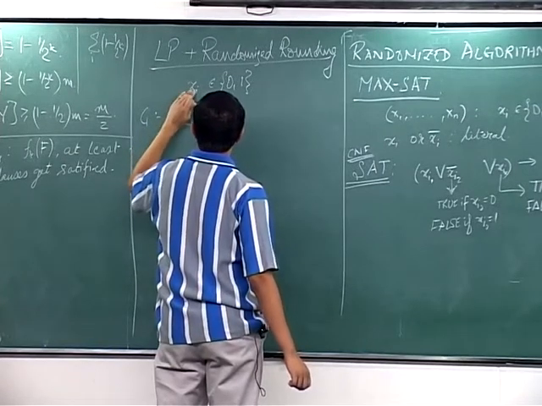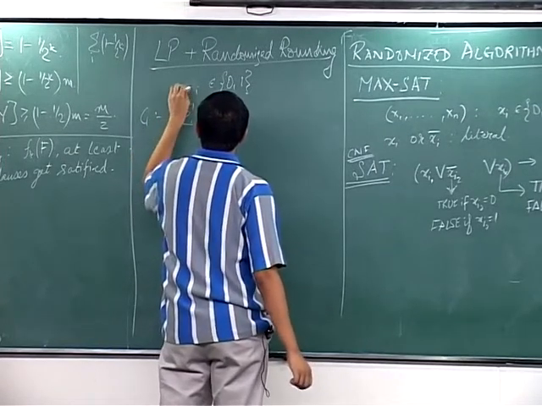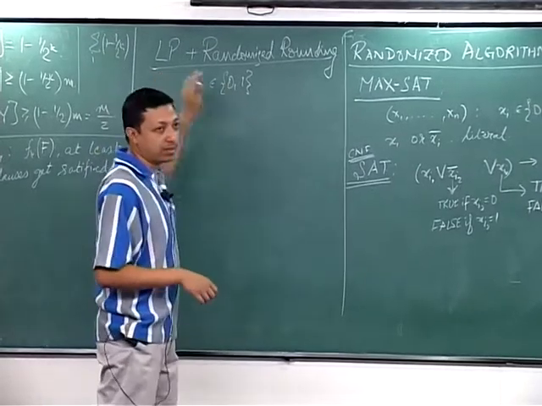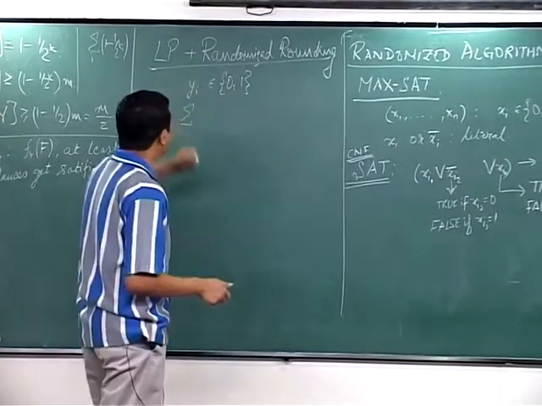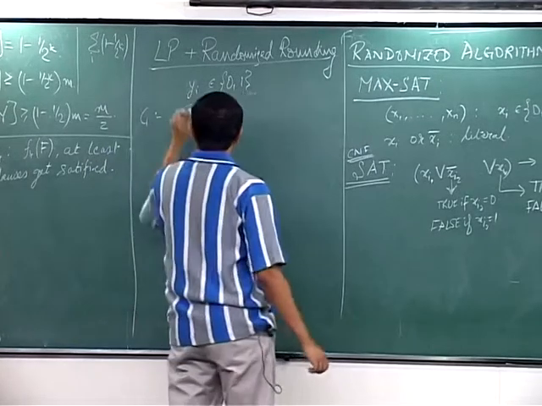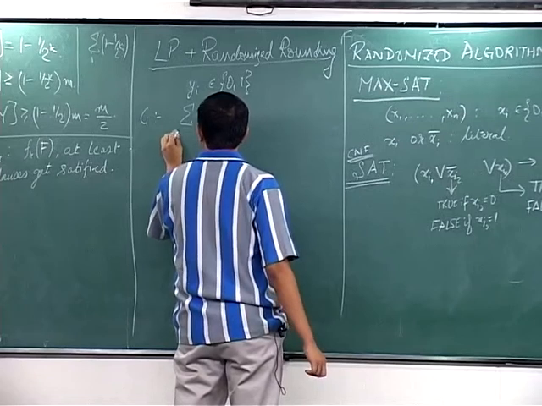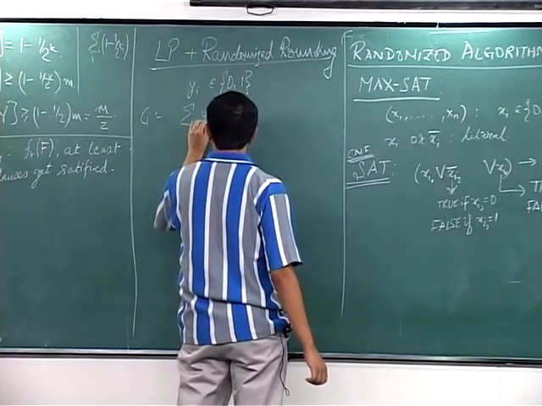Let me call this yi, so this is a number. This is not a logic variable, it's a number now. Think of it as a number. This is summation yj.